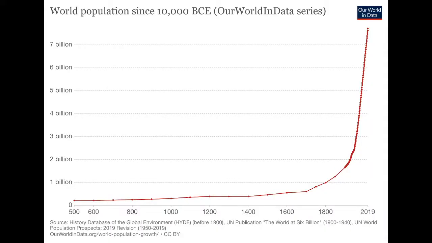And this chart gives a nice trajectory of population for the last 1,500 years or so. It's really interesting to look at how this number goes. The population of humans in the world was fairly low and stable for a very long time.